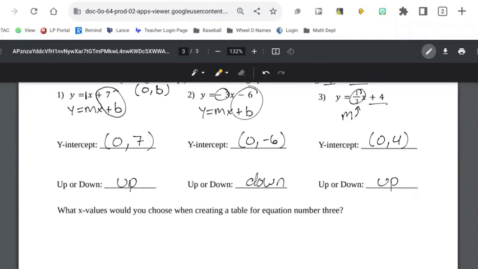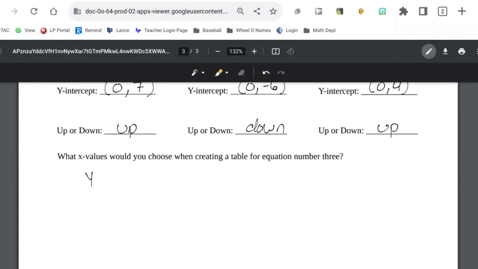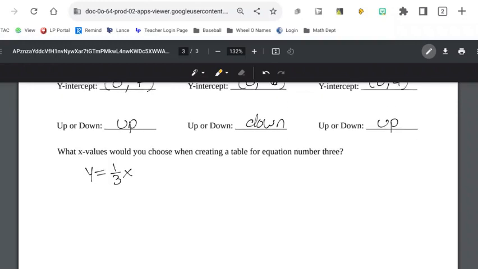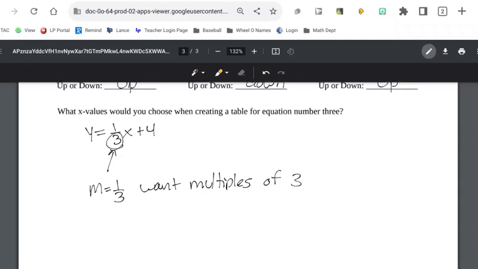What x values would we choose when creating a table for equation number 3? So in equation number 3, y equals 1/3 x plus 4. So remember, our x values we're choosing based off of the denominator of our slope. So because our slope is 1/3, we want multiples of 3.